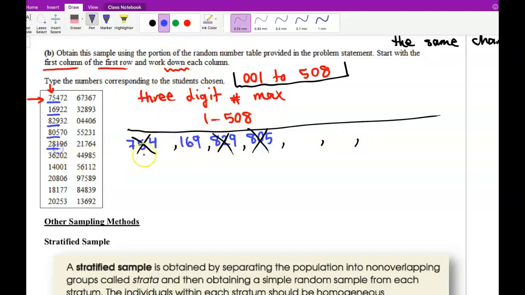Next one, 281. Okay, then 362. Now we have 1, 2, 3. 140. And 208.